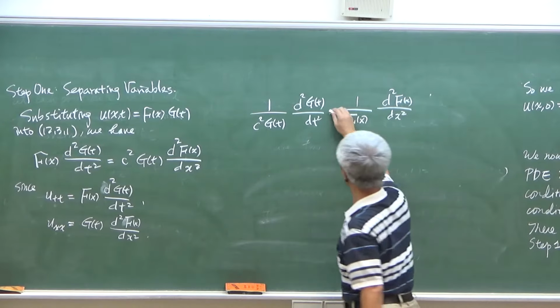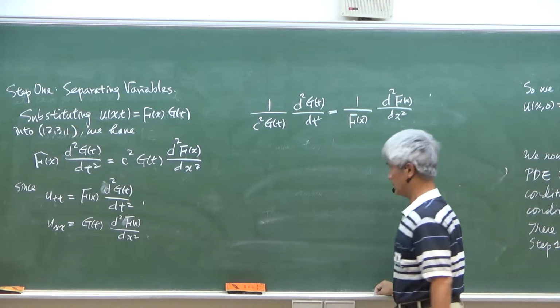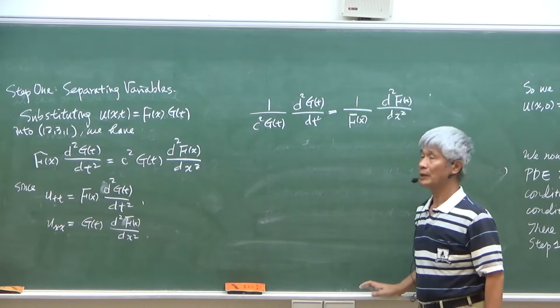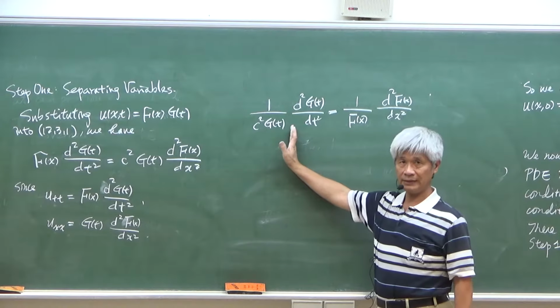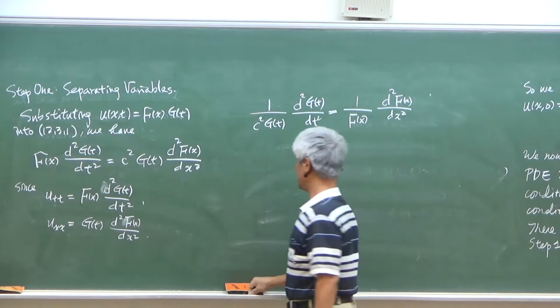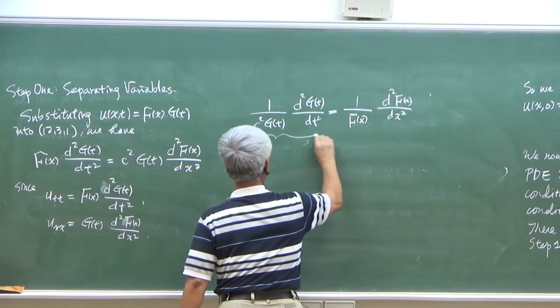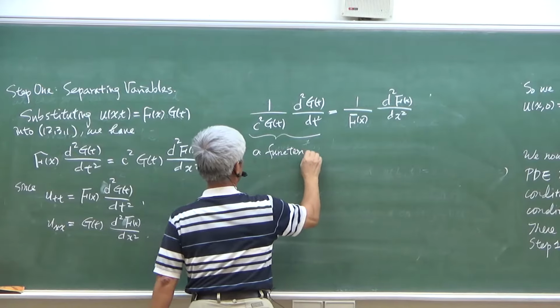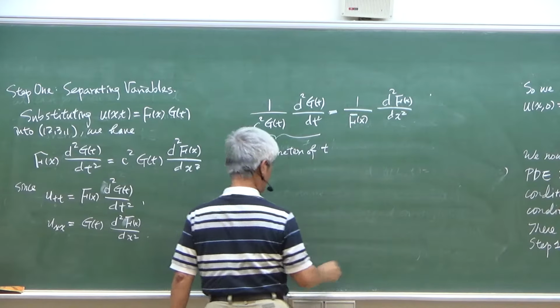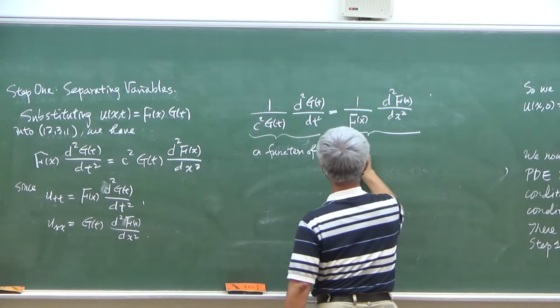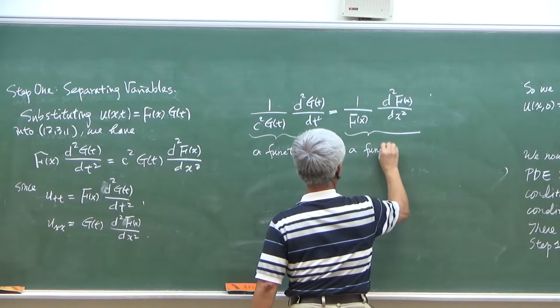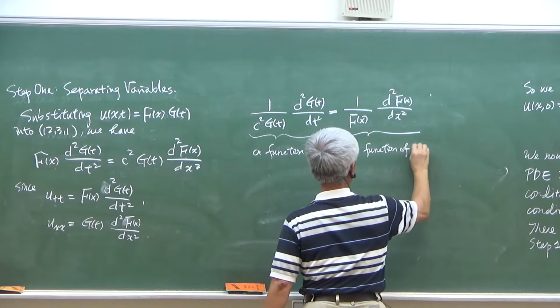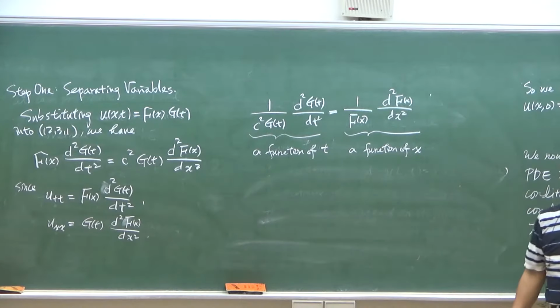Okay, so now, the left-hand side is a function of t, and the right-hand side is a function of x. Okay?